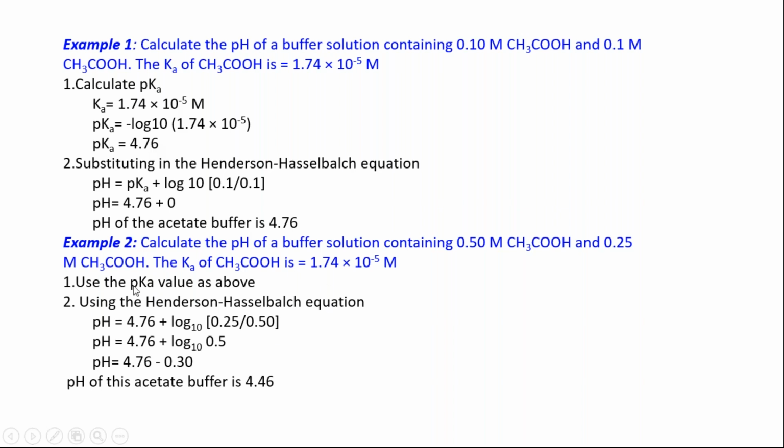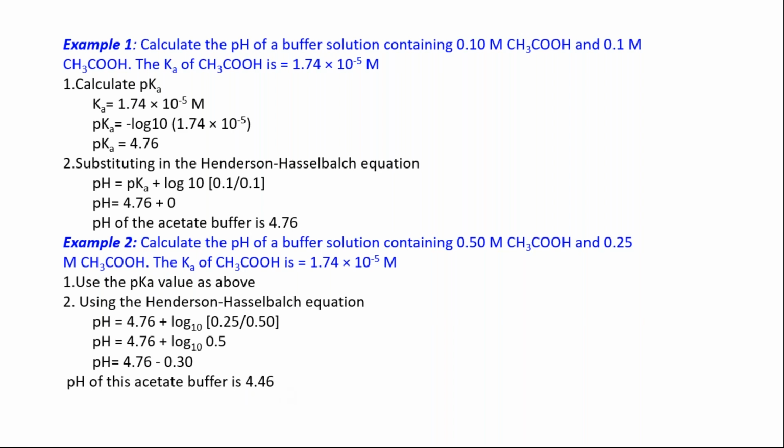So using the Henderson-Hasselbalch equation, pH is equal to 4.76 plus log of 0.25, that is the acetate, over 0.5, the unionized acid. So what you get is the pH of this acetate buffer is 4.46.